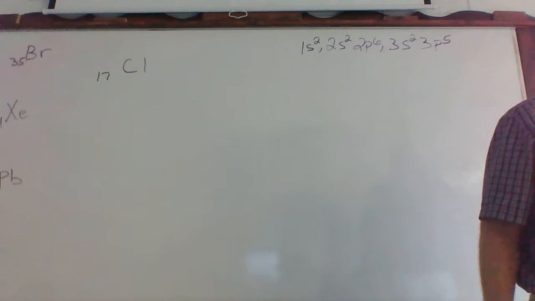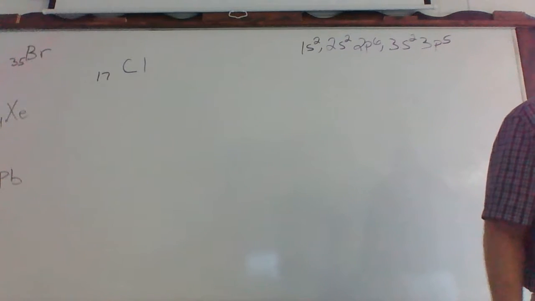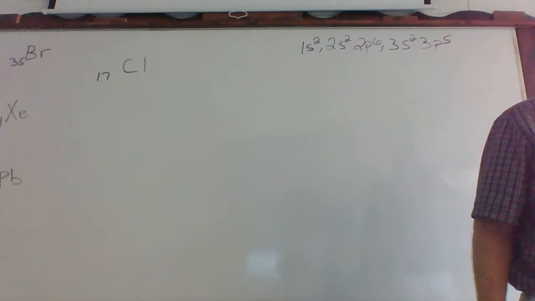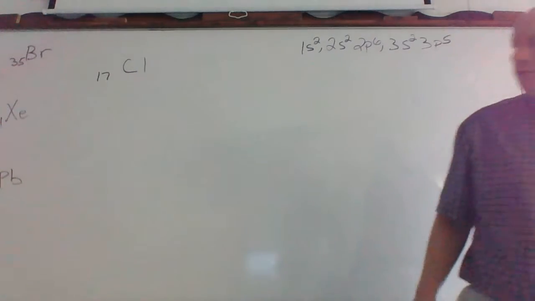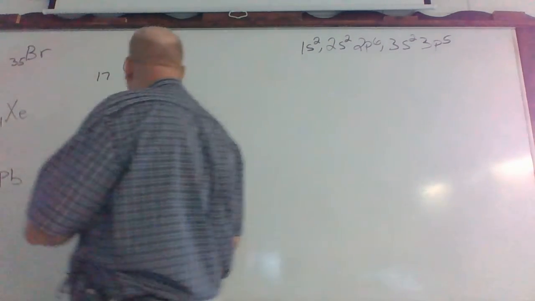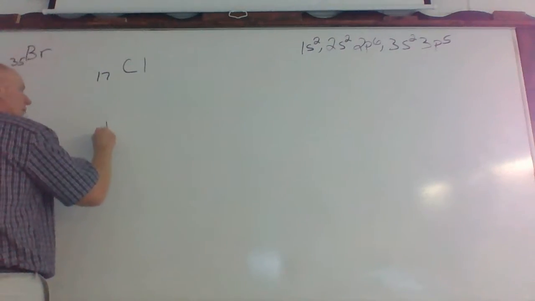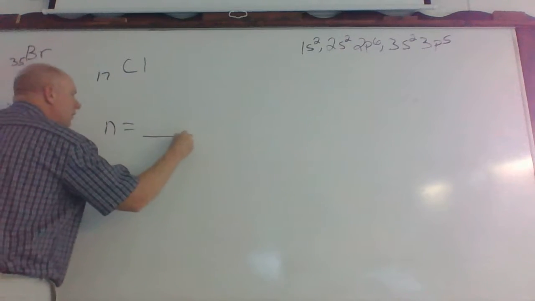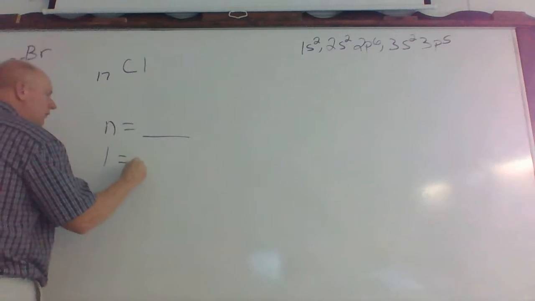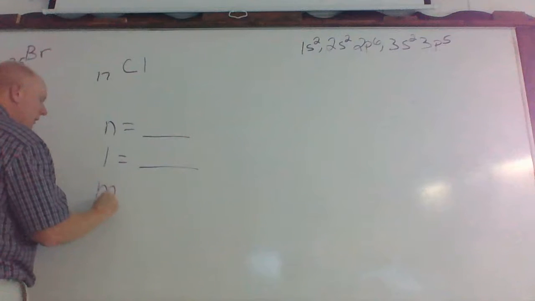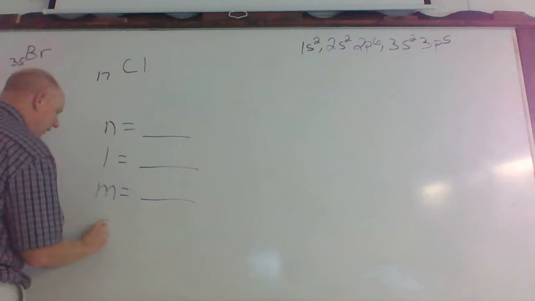Okay, so we're going to assign the variables for these quantum numbers. They are as follows: n, l, m, and s.